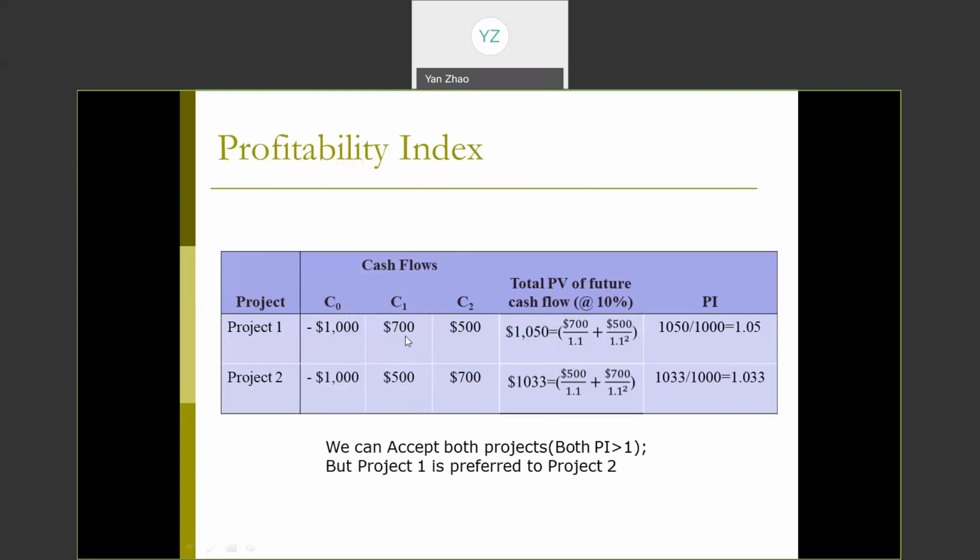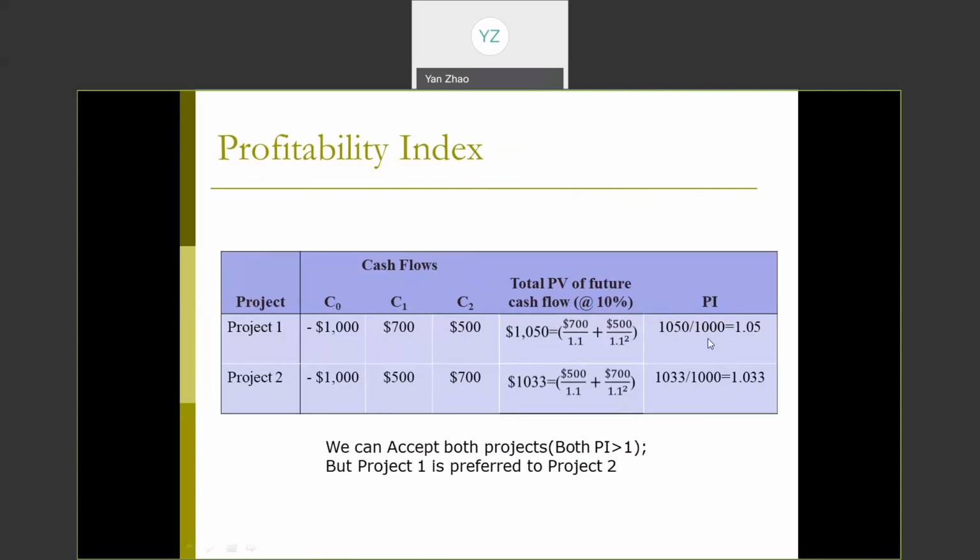We discount the $700 and $500 at 10% according to the time period we received them. So the total present value of the future cash flows for project A, for project 1, is 1050. For project 2, 1033.